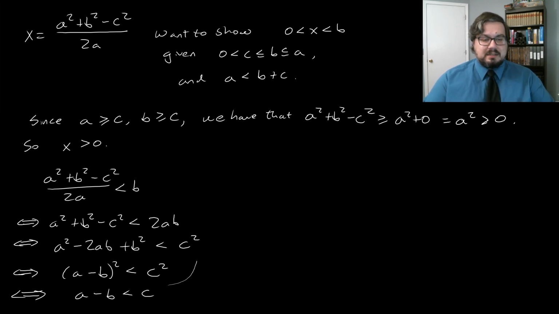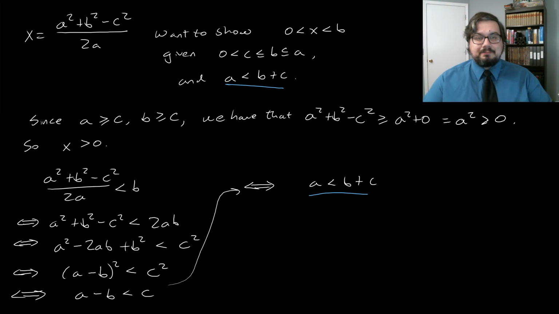So this inequality happens if and only if a minus b is less than c, which happens if and only if a is less than b plus c, which indeed is what we've got. Now, of course, the direct proof sort of works backwards on all of this, but this is the main idea behind showing why what we can do can work.